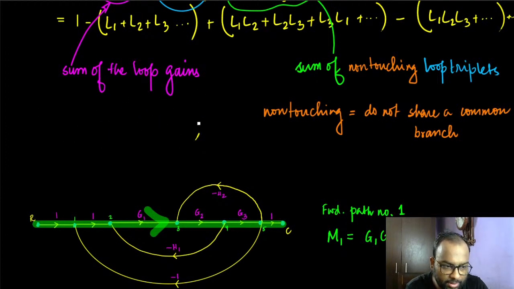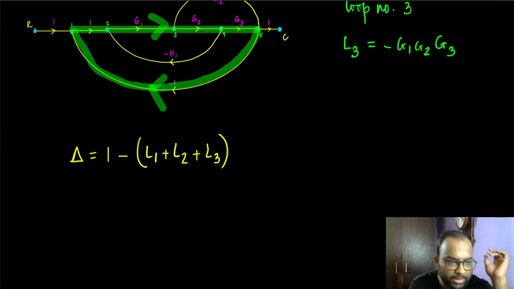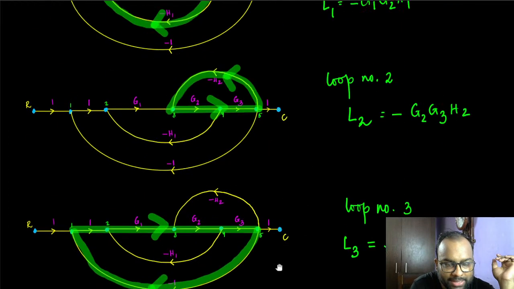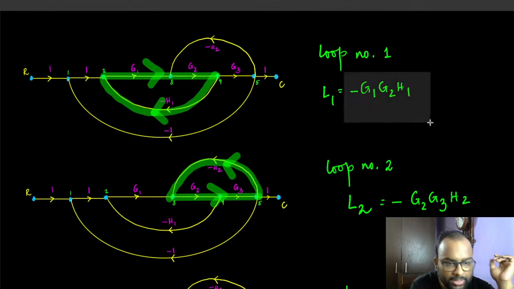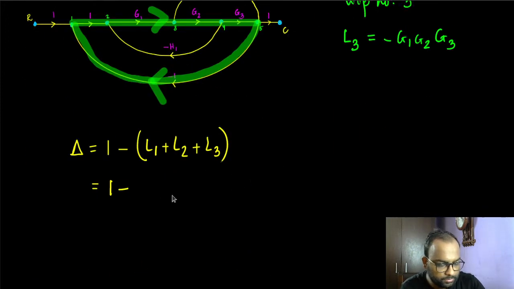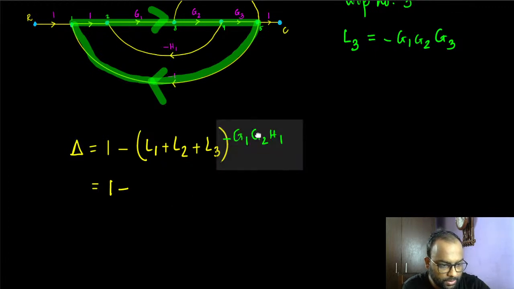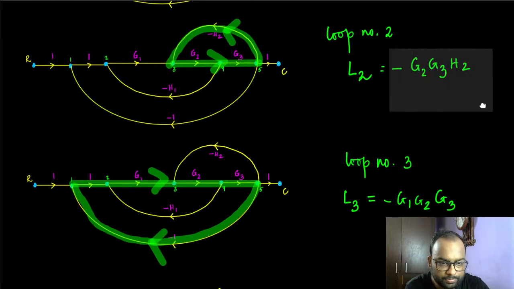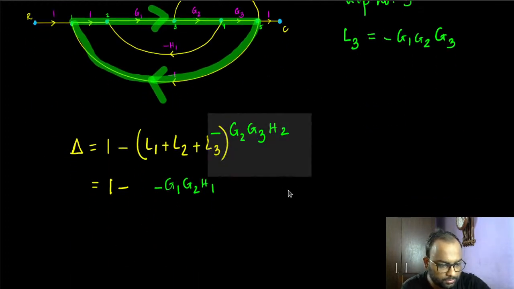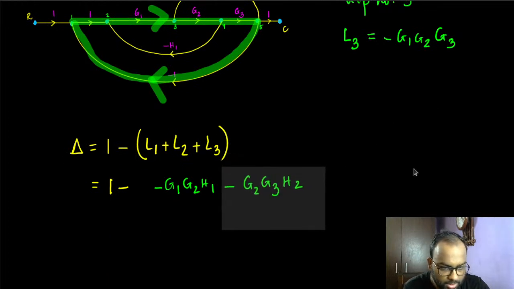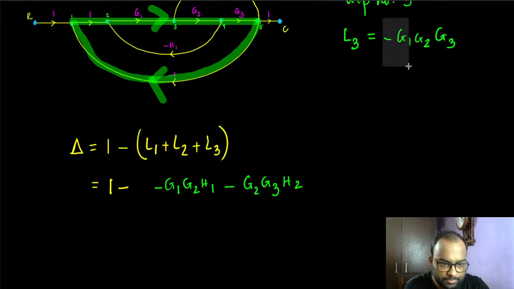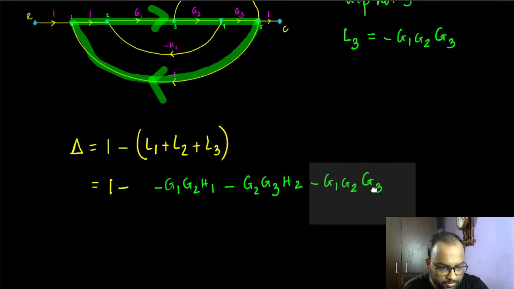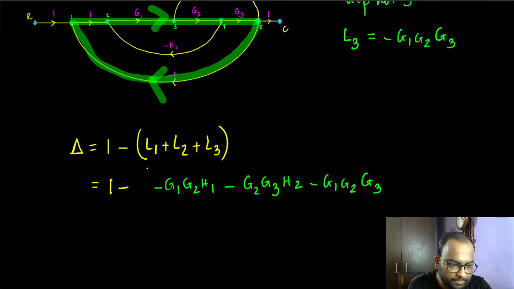So the determinant of the graph. So that's the graph determinant here. Let's calculate the graph determinant. That's going to be 1 minus the bracket of L1 plus L2 plus L3. So let's copy L1. Let's copy L2. Let's copy L3. And of course, we have a bracket.